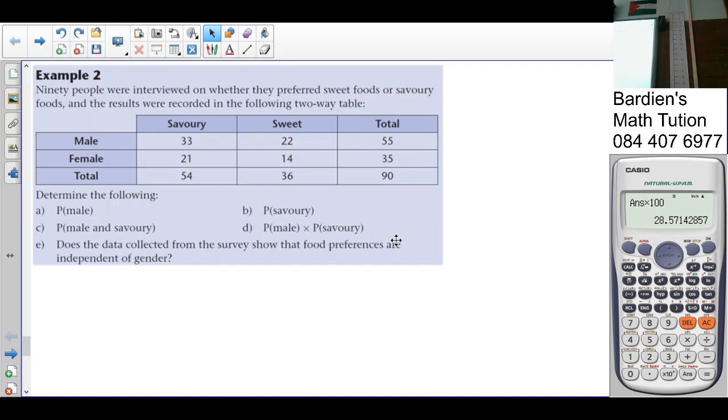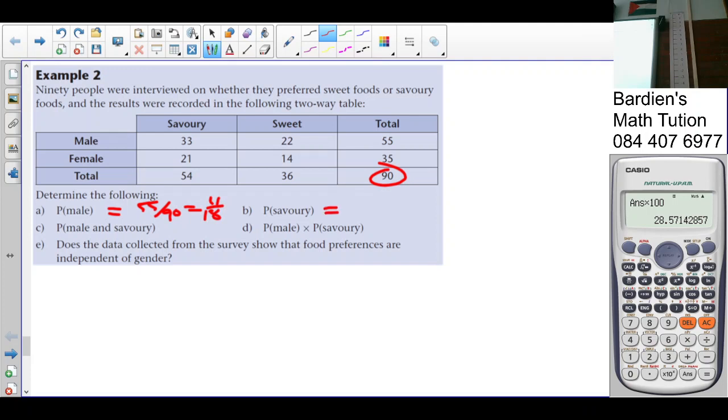Right, people, here we go. 90 people were interviewed on whether they prefer sweet food or savory. The results were recorded as follows. Determine the following. Probability of male only: 55 out of 90, which gives us 11 out of 18.